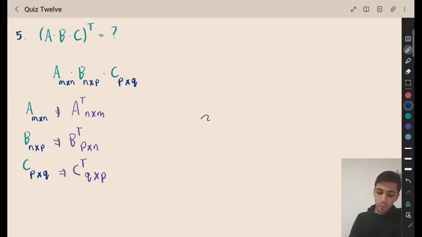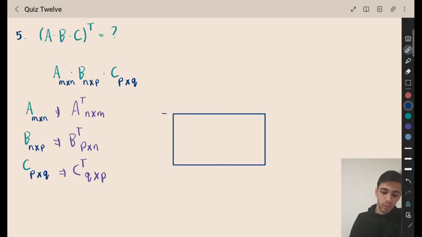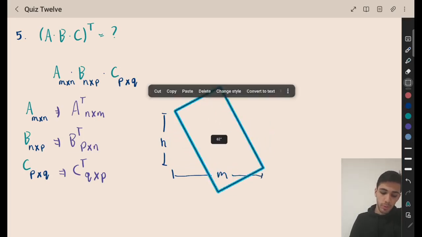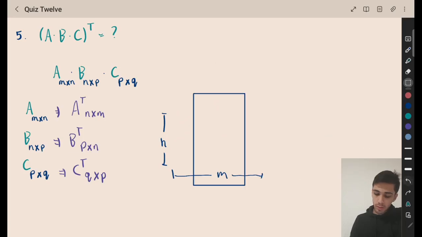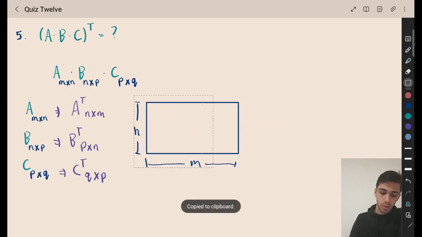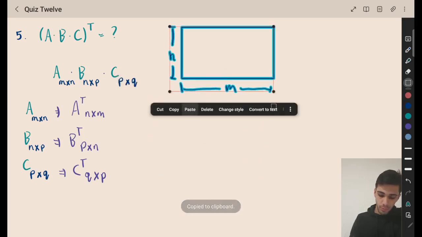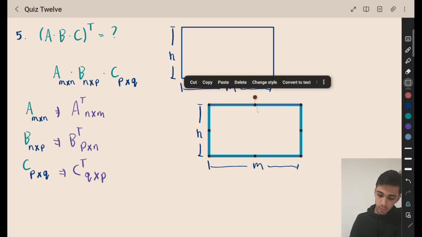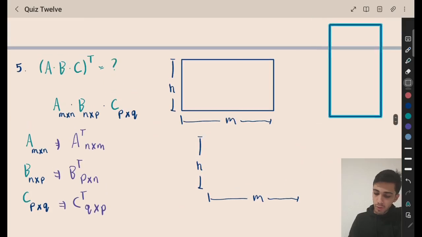Simply because you usually have a matrix that looks like this. Wait, this is a square. Not all matrices have to be square. This is N, say this is M. And then if you flip it, I should put it to the side here.